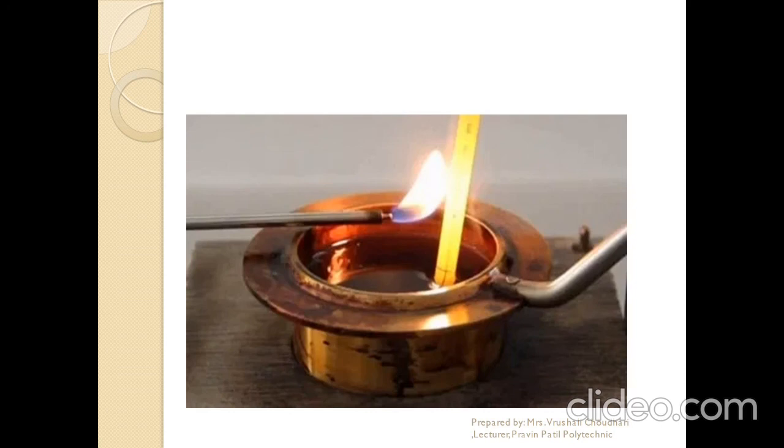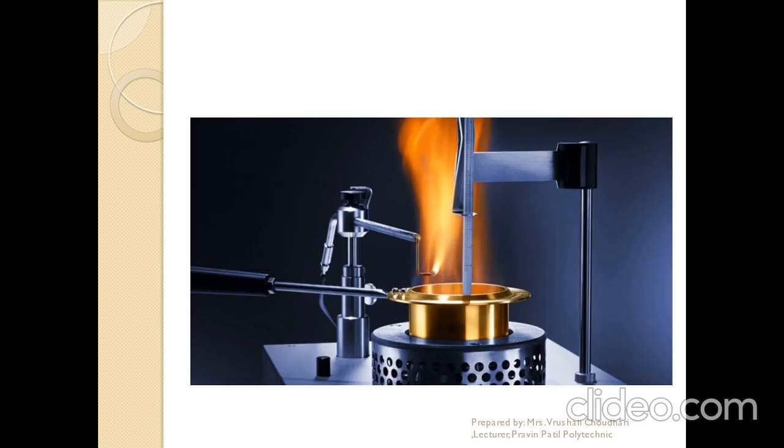If it does not give a flash, we say no flash. If the flame lasts more than 5 seconds, we say that the given temperature is the fire point of the lubricating oil. This shows a continuous flame, so we note down this temperature as the fire point of the oil.